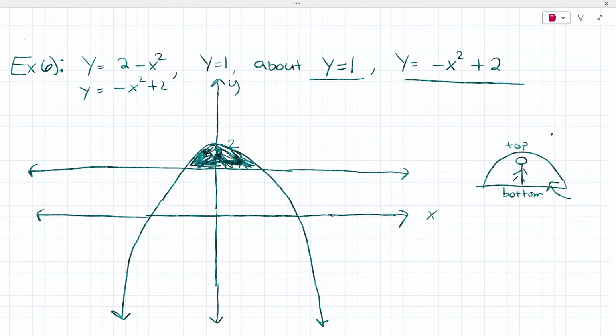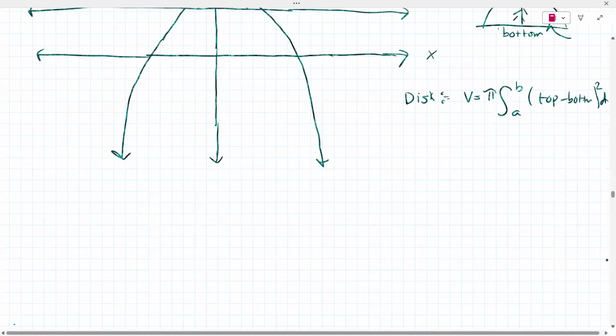And it forms a disc. So I think we're going to use volume equals pi, the integral from a to b of top minus bottom squared dx.